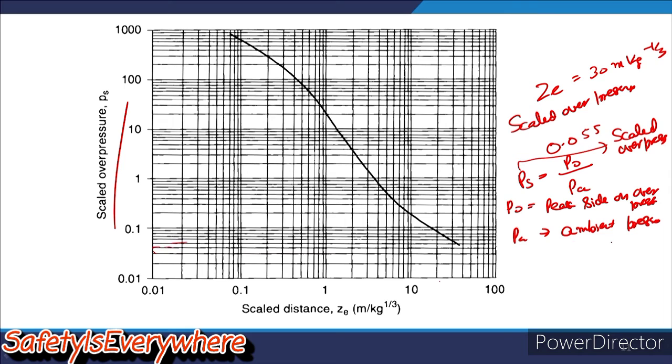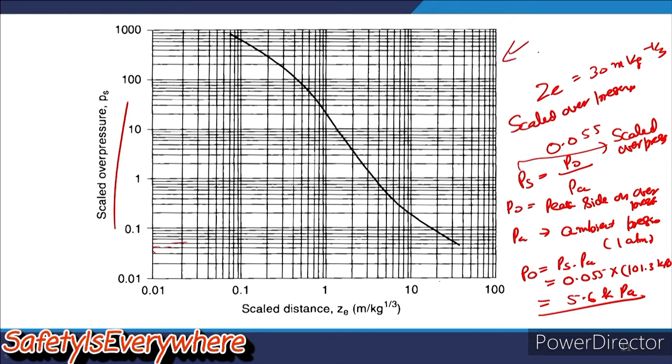Let us say it is 1 atmosphere, then the resulting side-on overpressure is estimated by this formula, P naught equals PS into PA, and we have already calculated PS, that is 0.055, into atmospheric pressure 101.3 kilopascal. This comes out to be 5.6 kilopascal. So this is the desired result. This particular plot is easily available in various chemical engineering handbooks.